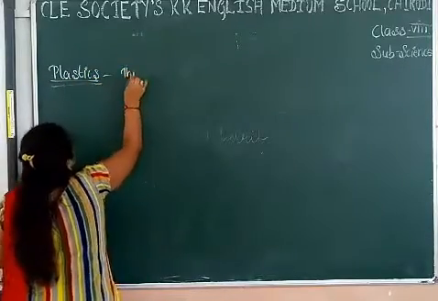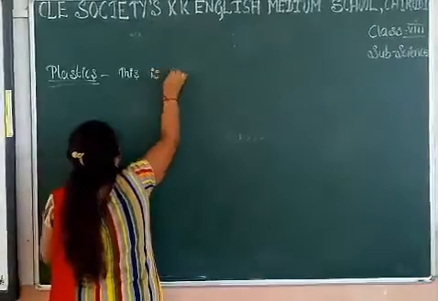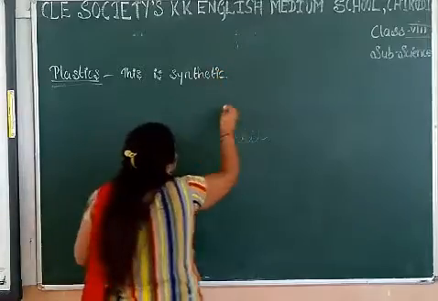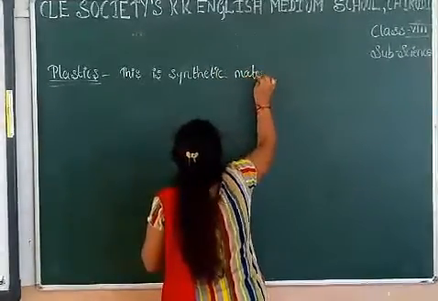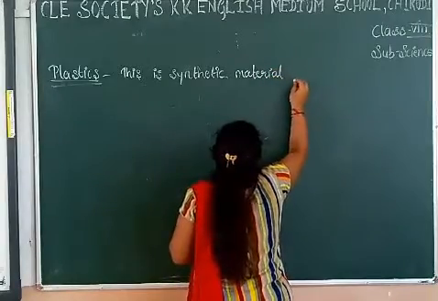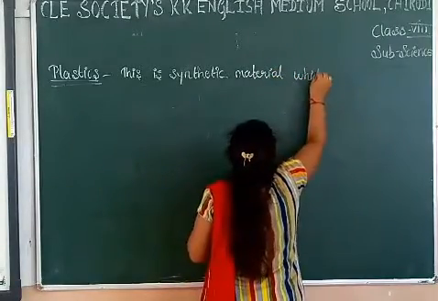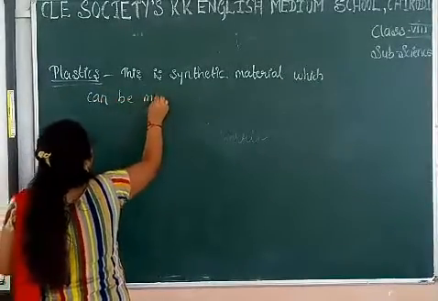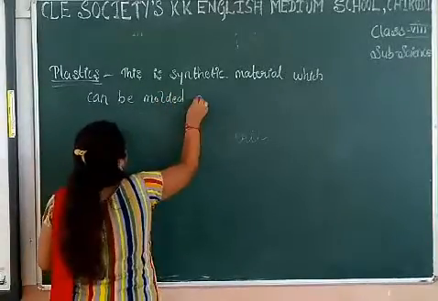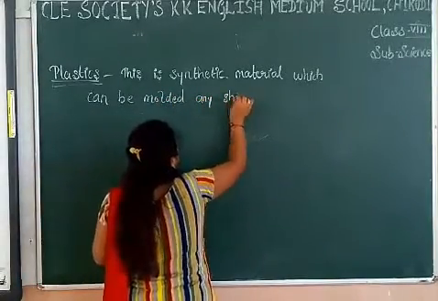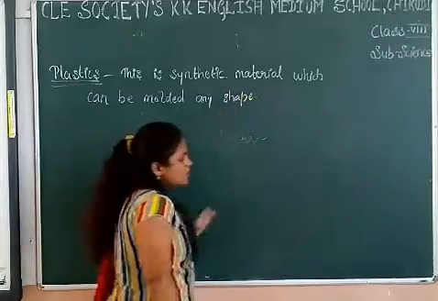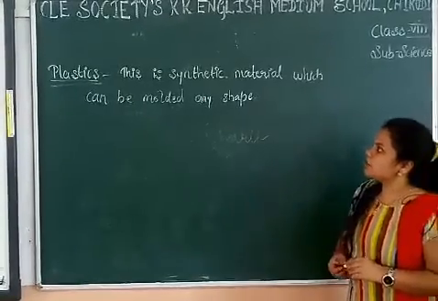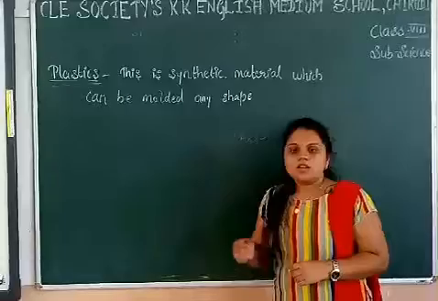This is the synthetic material which can be molded into any shape. So this is a simple definition of plastic: plastic is a synthetic material which can be molded into any shape.